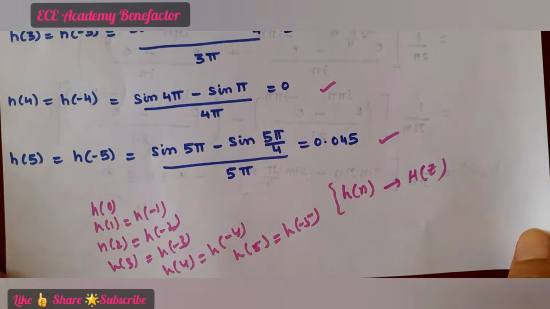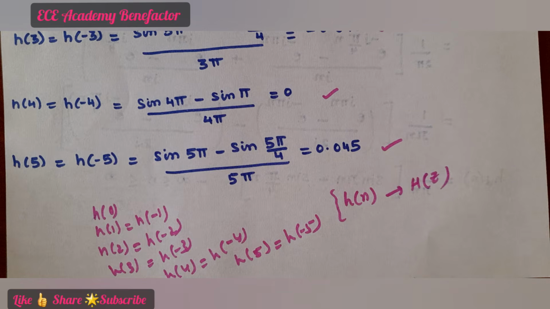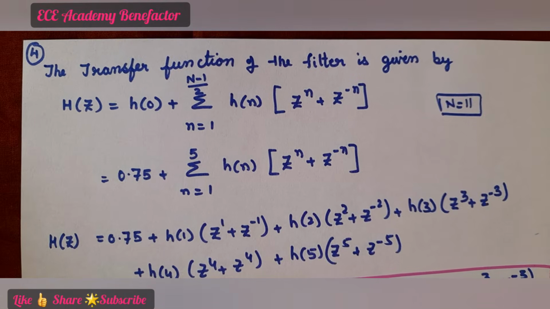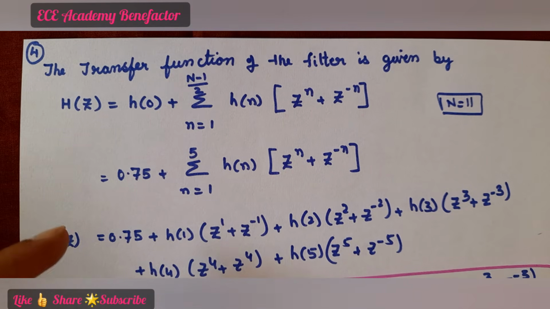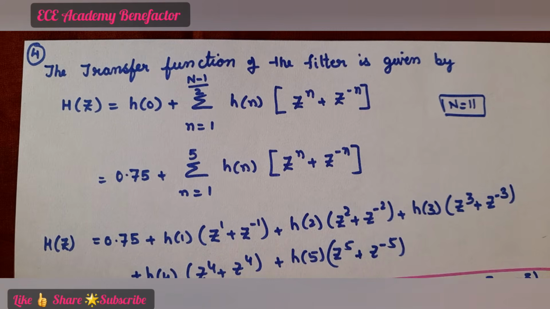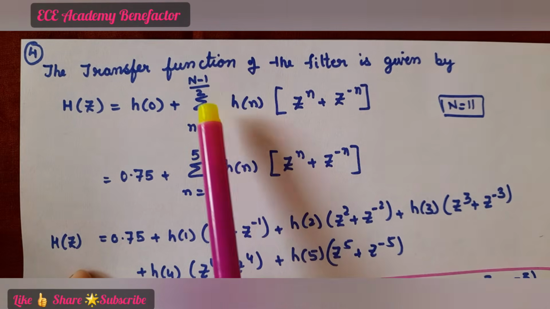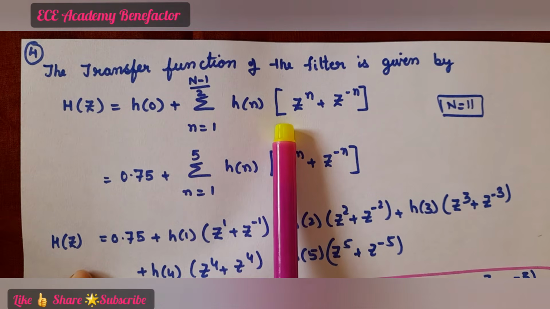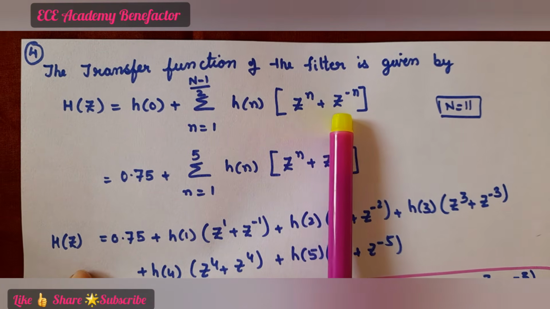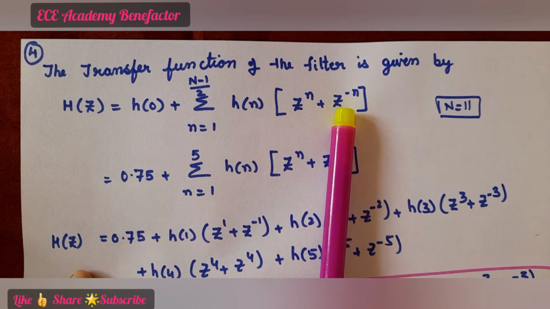Okay. So, next step is to find the transfer function h of z. The transfer function of the filter is given by the equation h of z is equal to h of 0 plus summation n is equal to 1 to (N minus 1) by 2 of h of n times (z to the power n plus z to the power minus n).